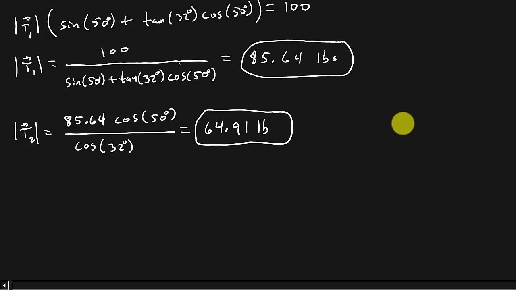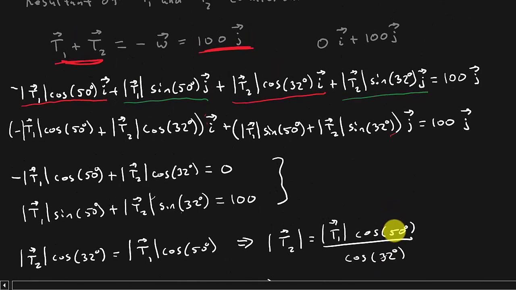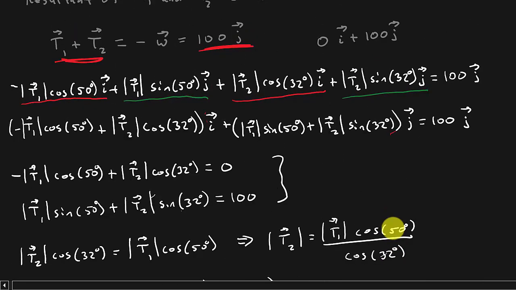Well, that's going to be for T1. All right. So we're finding the tensions now. That's going to be the negative. Now, well, let me tell you what I want to do here.